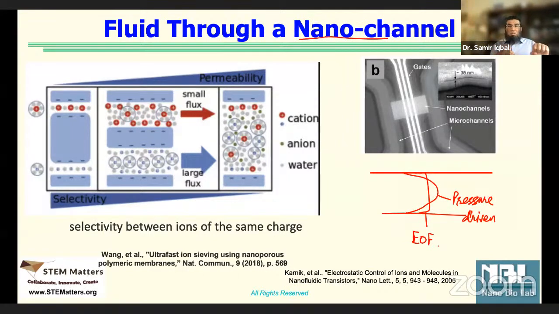But if you push them too fast, the fluid flow is not giving enough time for binding events to occur, and that can result in loss of selectivity. So you see this triangle; it's interesting how they made it in this paper. I really like that. What it shows is that if we move too fast, we can get much more permeability, but we get less selectivity on that side.